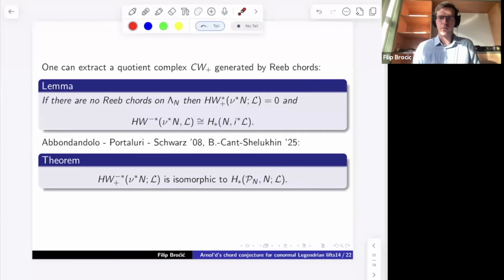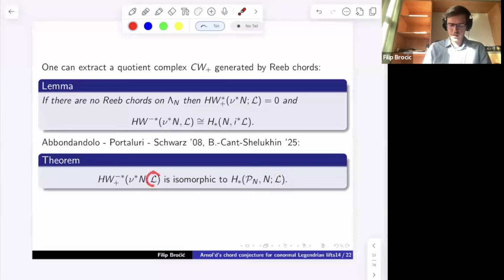One of the crucial ingredients is the isomorphism theorem due to Abbondandolo, Portaluri, Schwarz, which was slightly extended to the case of local coefficients by us. So we have that positive Floer cohomology of the conormal bundle with local systems is isomorphic to the homology of the space of paths relative to the space of constant paths, with essentially the same choice of local systems.